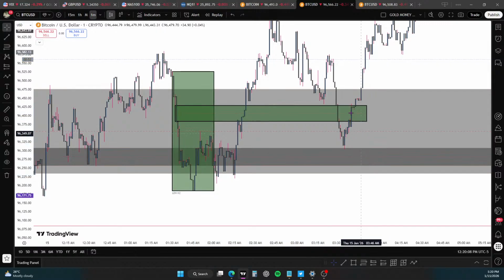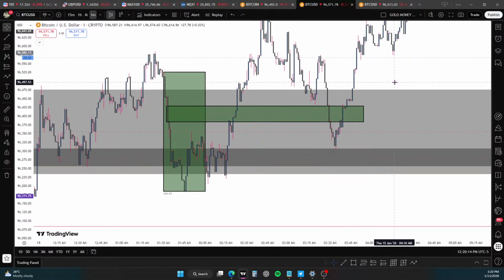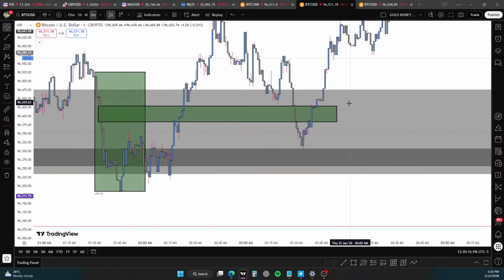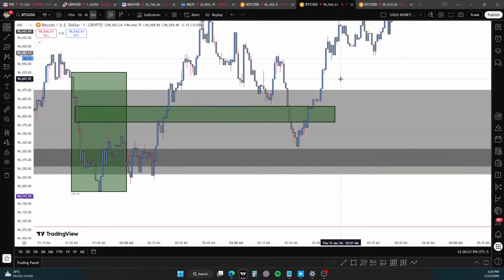But this fair value gap actually stayed as an inversion, right? And it's easy to see that after that happened. But anyway, we can see here that we formed a balanced price range inside of an inversion fair value gap. That is quite technical to spot. You can't spot it straight away. It's more of an after-the-fact thing, though you can spot it as it's happening.